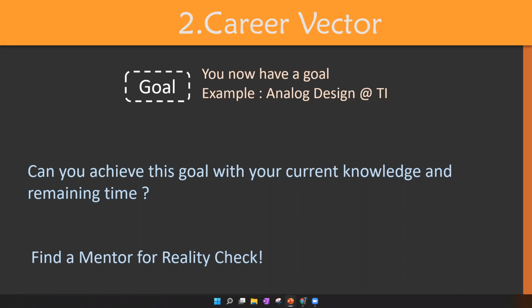I have interacted with a few students who wanted to be in TI, but they were too late, or they did not have the right direction, and they were not taking the right courses to get there. So finding a mentor to get a reality check is important. With that reality check, you can either modify the goal or put in effort in the right direction to achieve that goal. So either one of them can be done. Now, how do you find a mentor? That is another key thing.